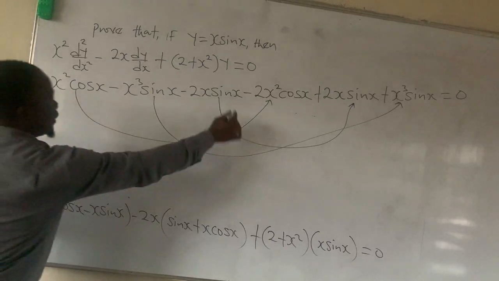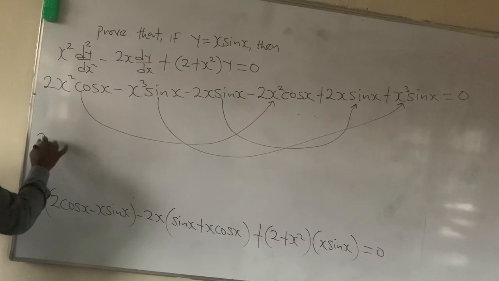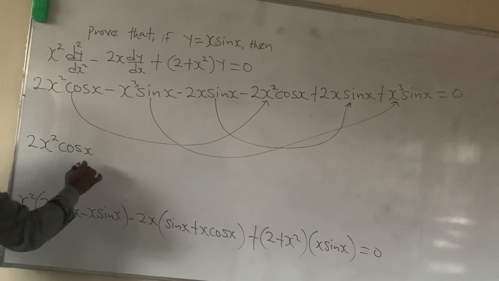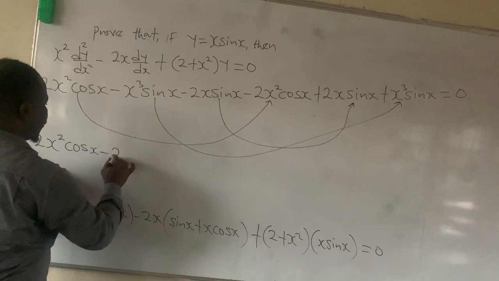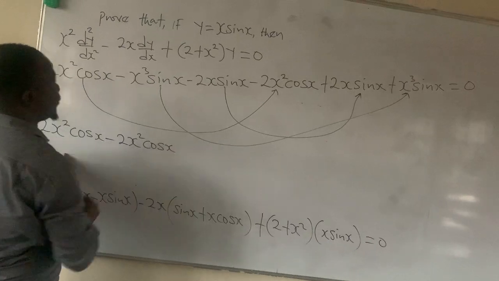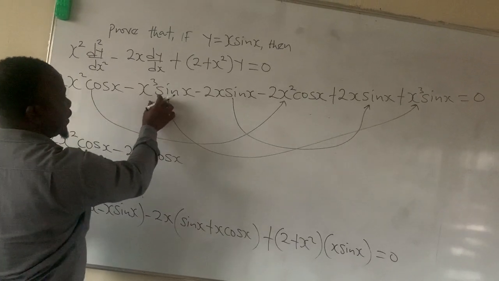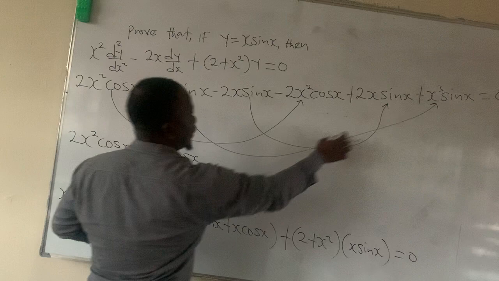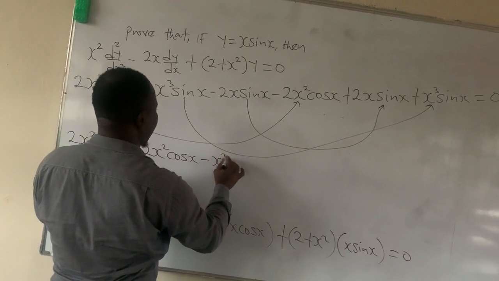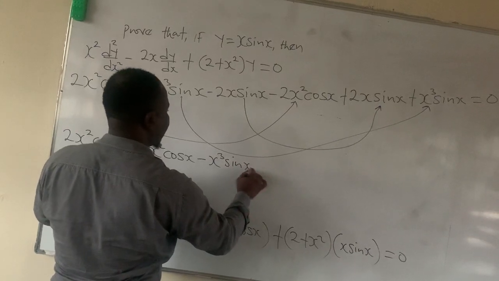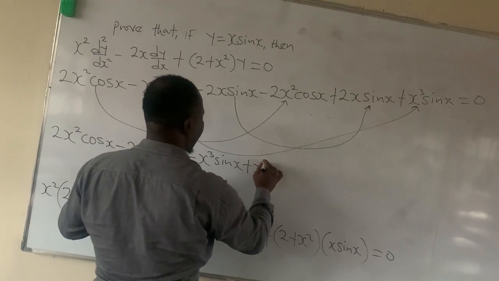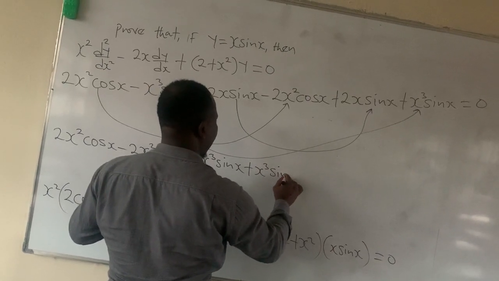We'll write this and this guy. It means 2x raised to the power of 2 cos x minus 2x raised to the power of 2 cos x. Then let's consider this guy and this guy. It means minus x raised to the power of 3 sine x plus x raised to the power of 3 sine x.